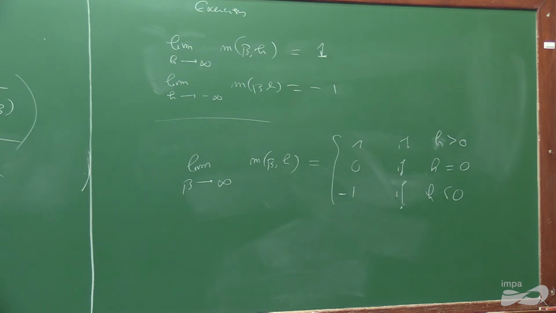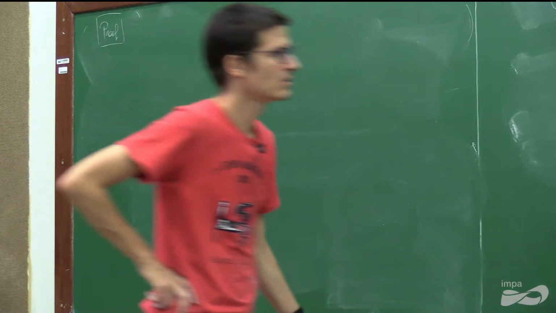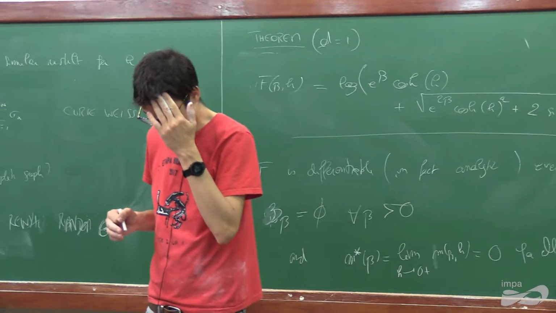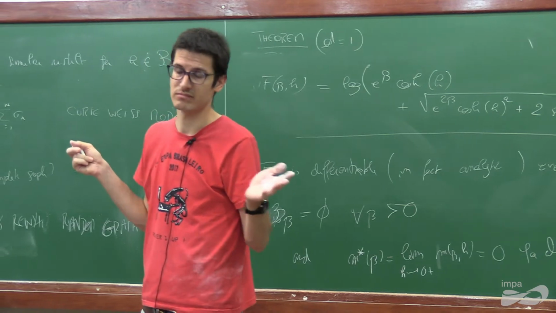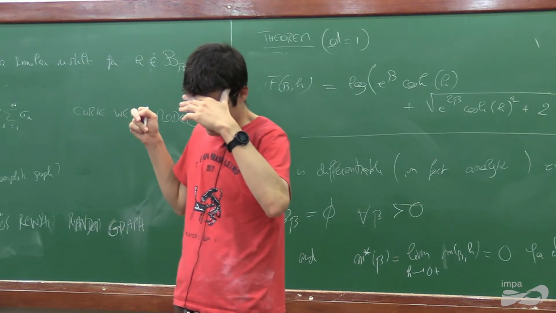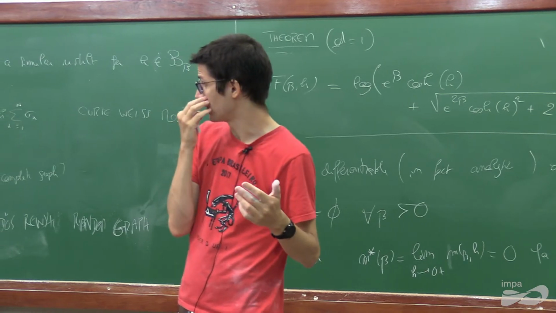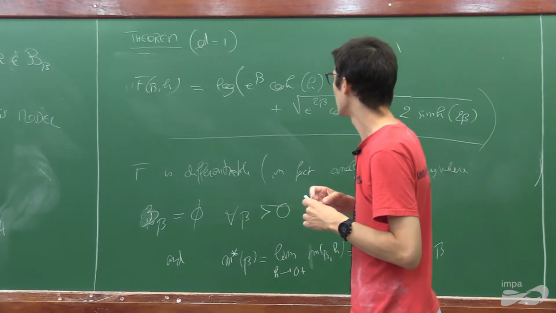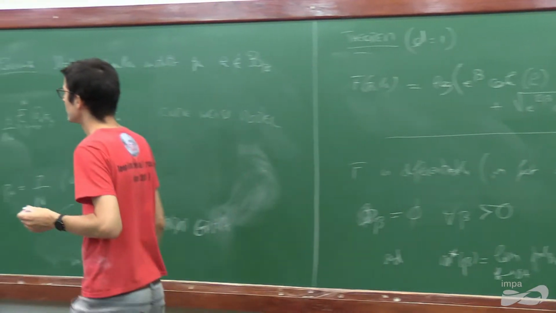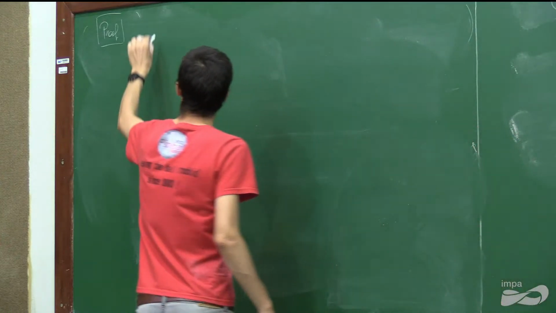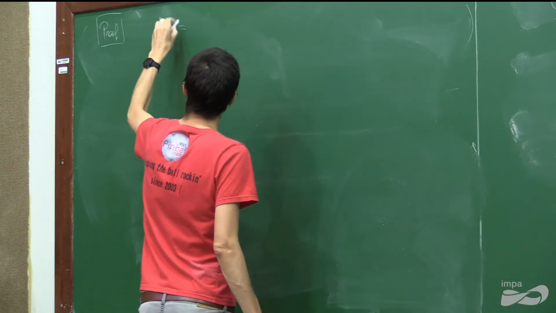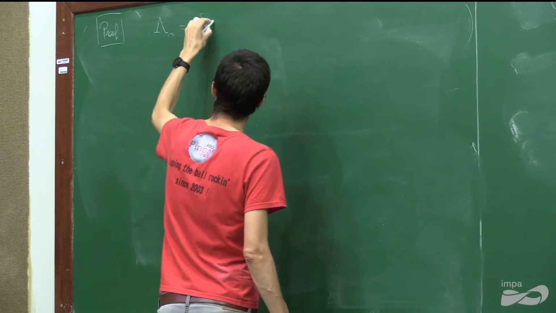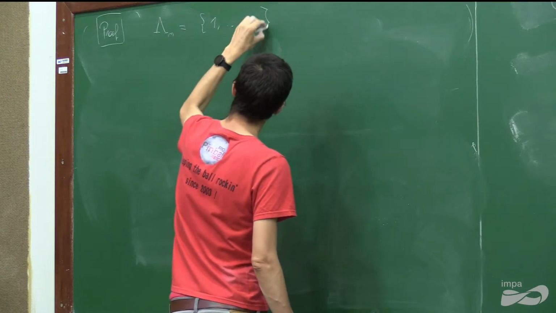In order to get the free energy, we have to take a sequence of boxes that exhaust Z^d in the Van Hove sense. What we are going to take here is simply Λ_n equal to this.